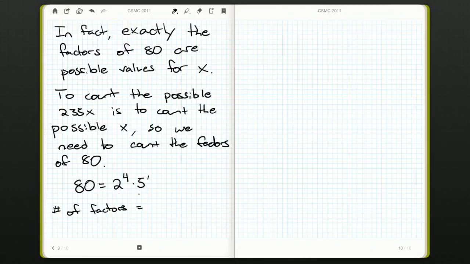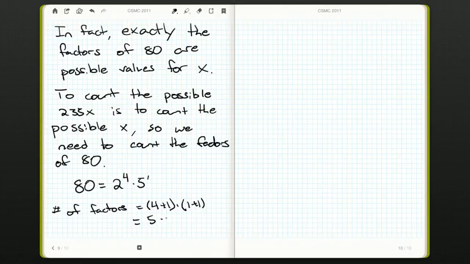So to get the number of factors, we take each of the exponents in turn, add 1 to them, and multiply each of those sums together. So if we had something else, like 7 to the 2 over here, we'd have another 2 plus 1 multiplied together here.